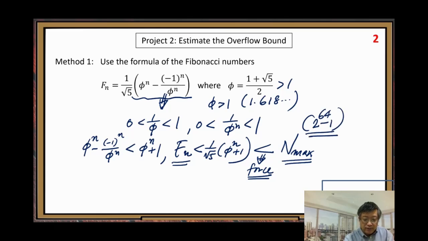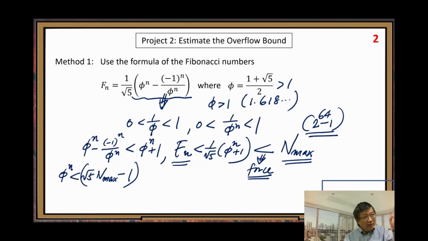So let us simplify it. Phi to the nth less than root 5 times capital N max minus 1.